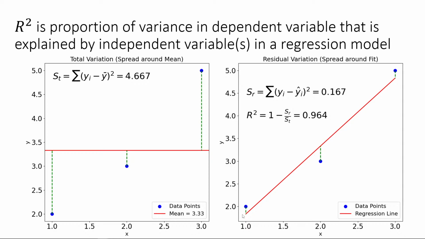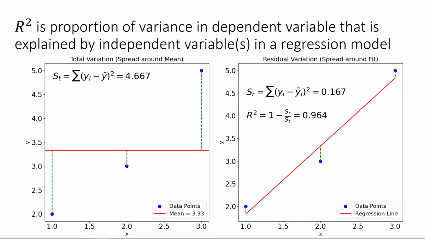If SR is small, it means that the model fits the data very well. If this data is just right here on this line, and this data is just right here on this line, this means that the model fits the data very well. If SR is 0, this means that you have a perfect fit, perfect prediction.